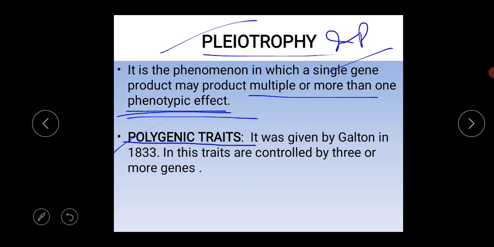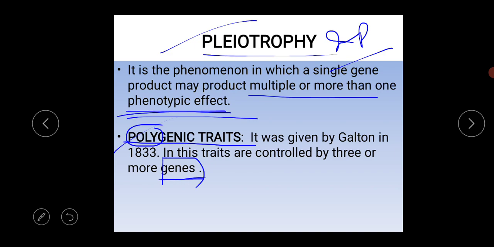So this is not multiple alleles. In the ABO blood group system, the gene is 1 but the alleles are 3. But in this case, it is polygenic. Poly means many. So one trait is controlled by 3 or more genes, not alleles. This is the main important thing, the main basic difference between polygenic traits and multiple allelism.